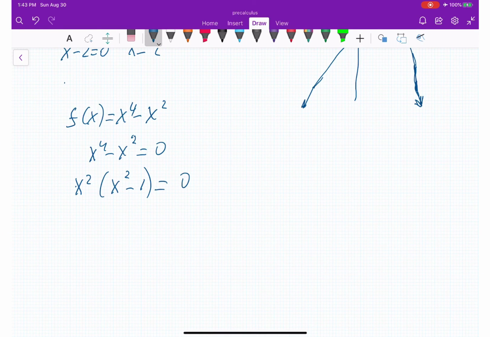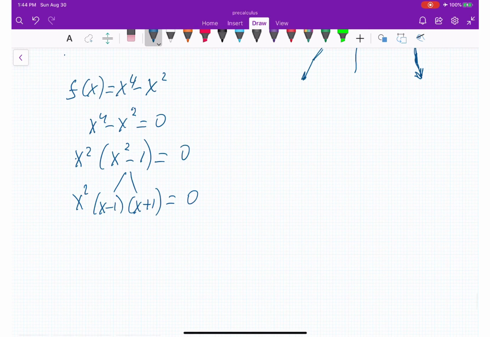So what do we get? X squared minus 1, I can break down into x minus 1 times x plus 1, right? And here x squared, and we get 0. So what solutions, what zeros do we get? X is equal 0, x is equal positive 1, x is equal negative 1. Okay, let's draw.